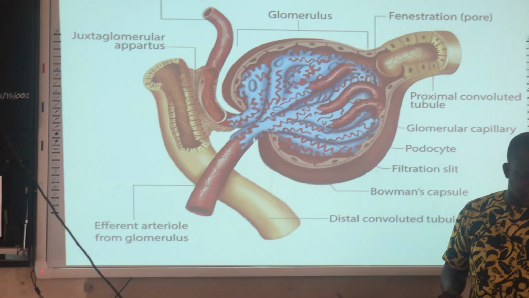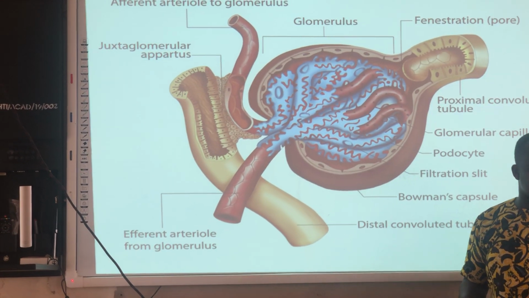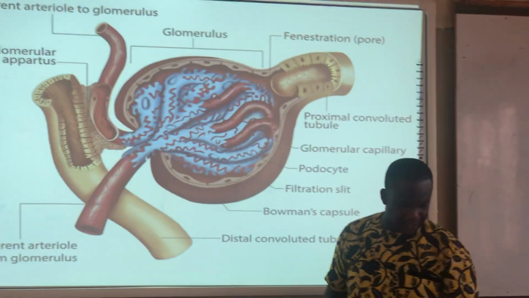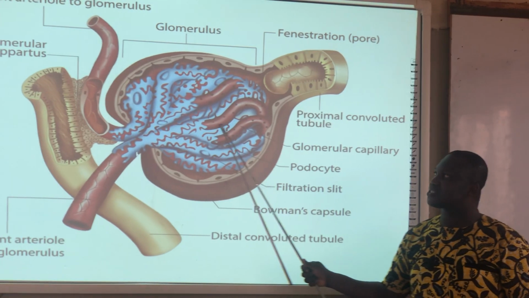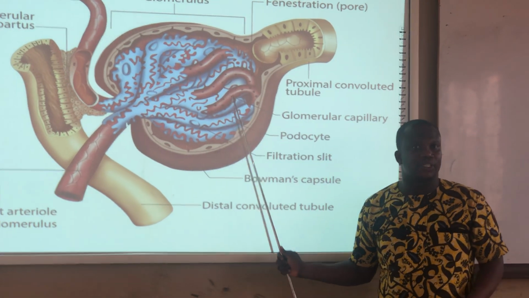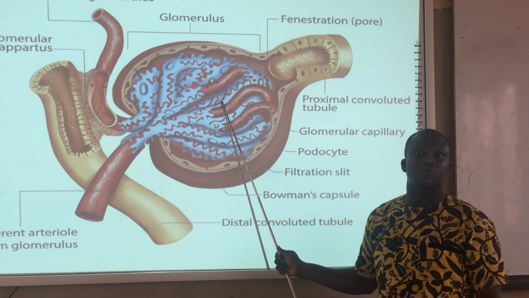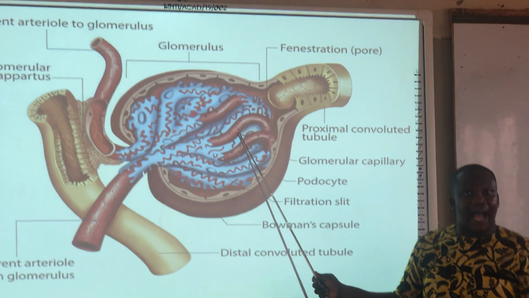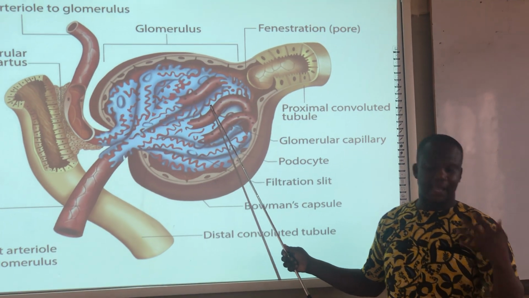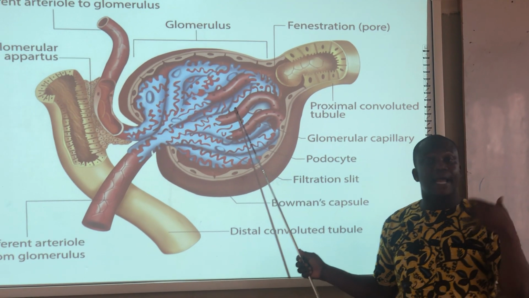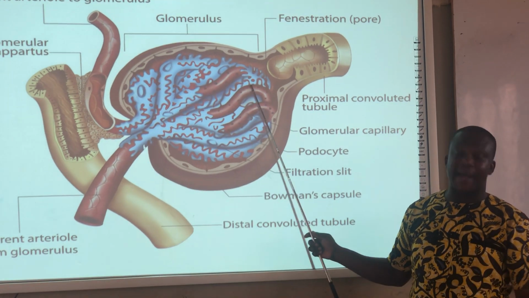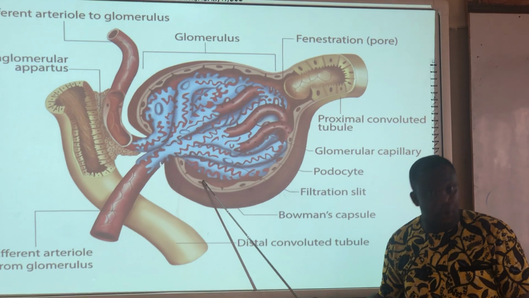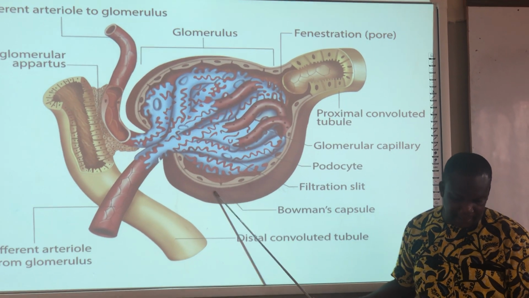It is so because the walls of those capillaries of the glomerulus are made up of numerous pores. So the numerous pores make it what? Porous. And because of the pores, it allows water and most dissolved substances that are in the blood to easily pass through the capillary walls into the glomerular capsule, or Bowman's capsule.